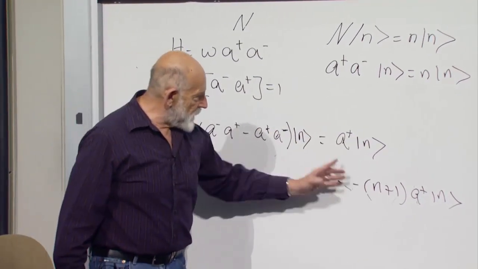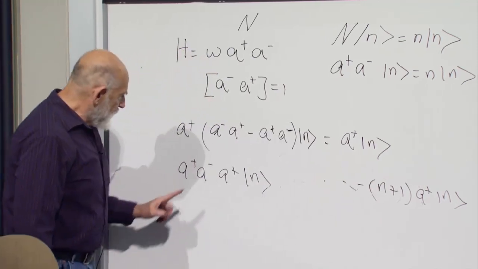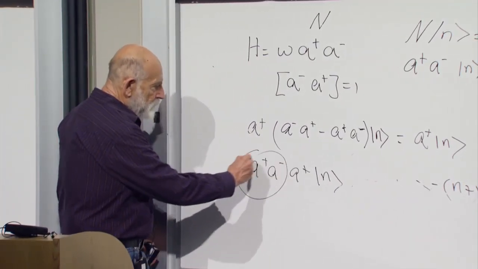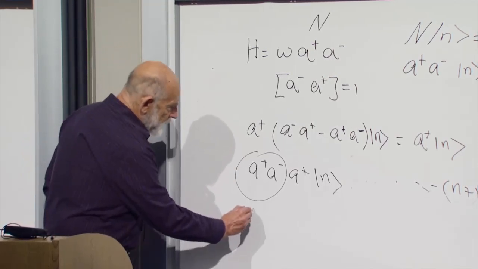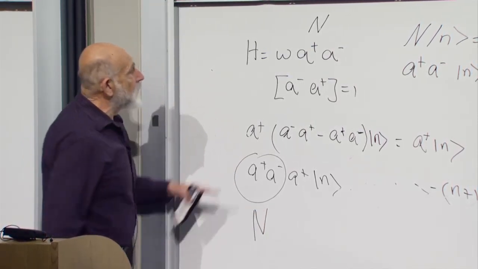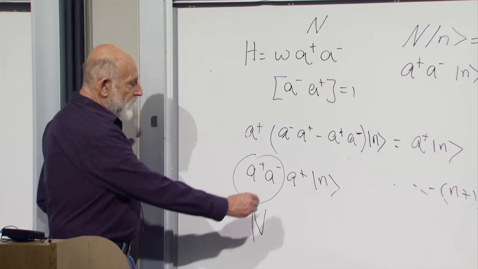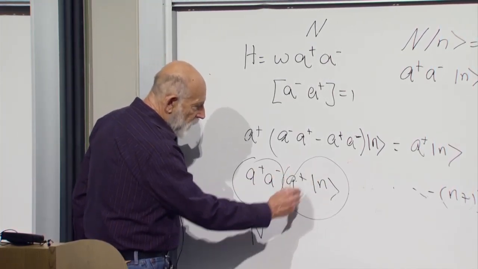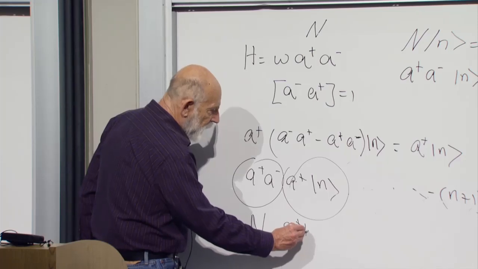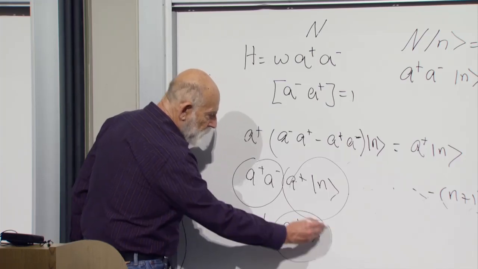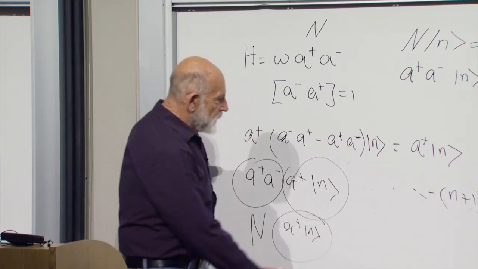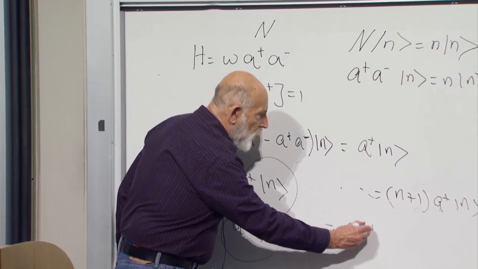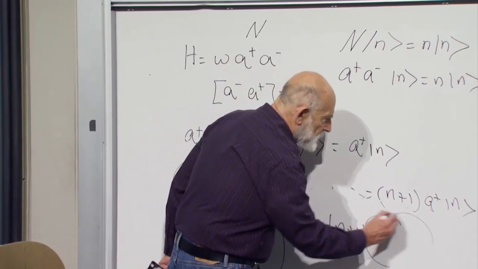It gave me this n, and the other one gave me the 1. But what about this one over here? A plus times a minus is the operator capital N. This is the state that I'm interested in. So capital N on this state, a plus on n, let's put a circle around it, is equal to n plus 1 times that same state.